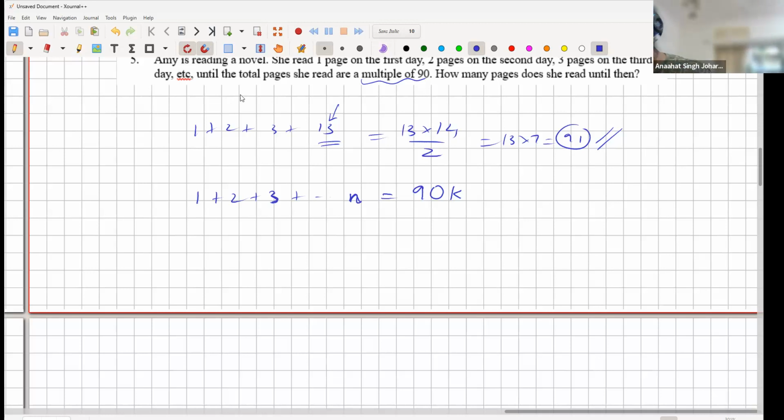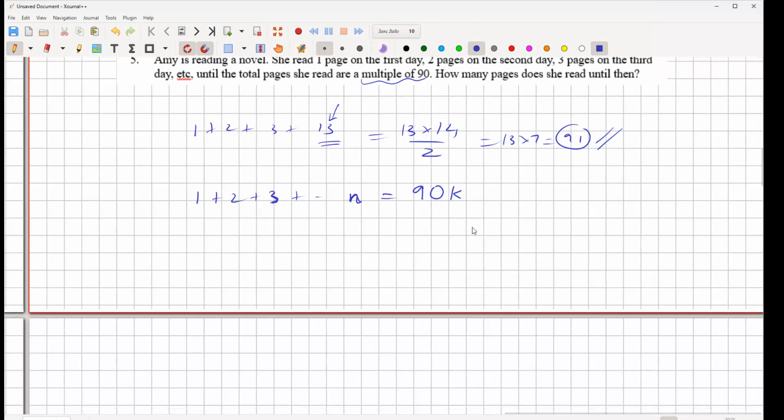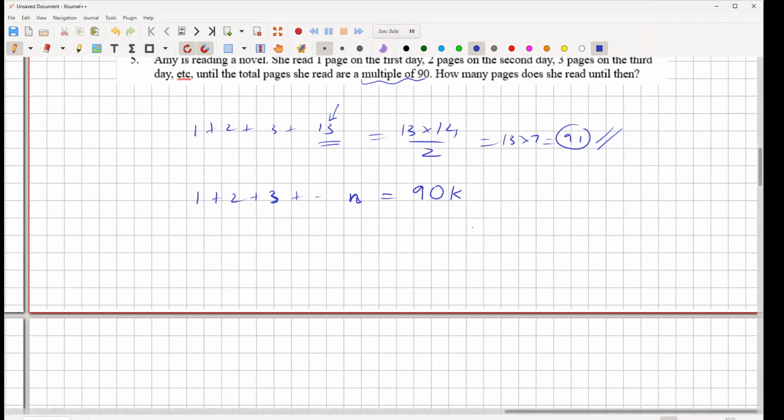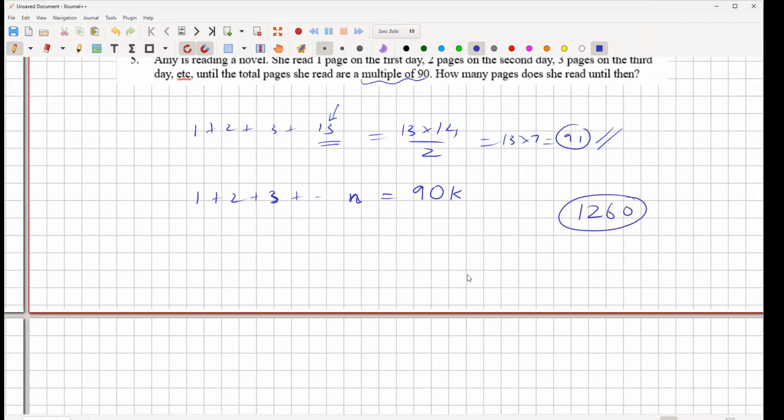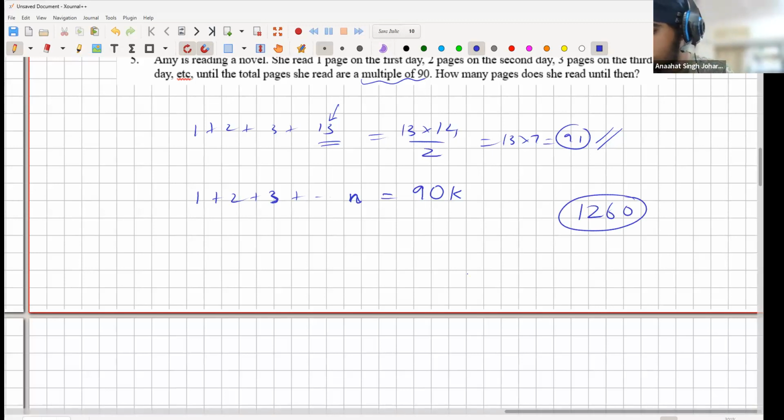Yeah, sorry. It is 1260. Okay. And at what n will it reach 1260? You're on mute, Anahat. Yeah, 36.